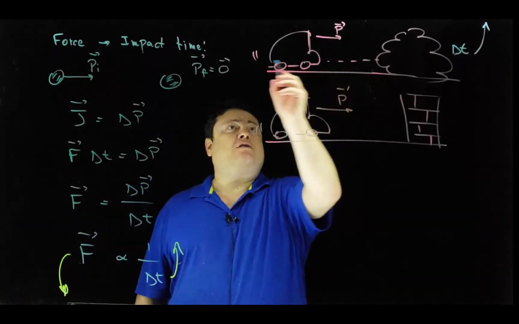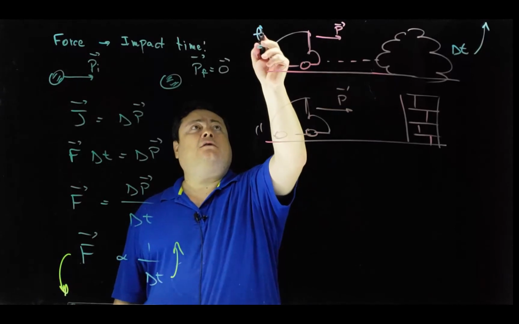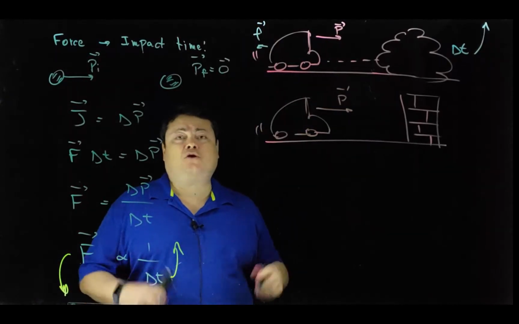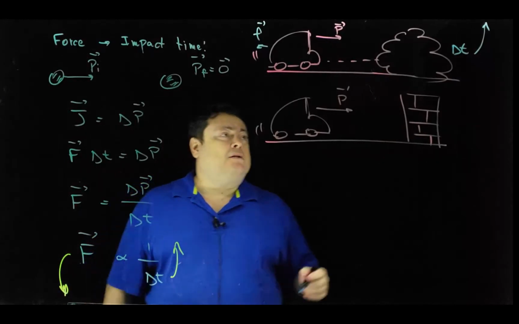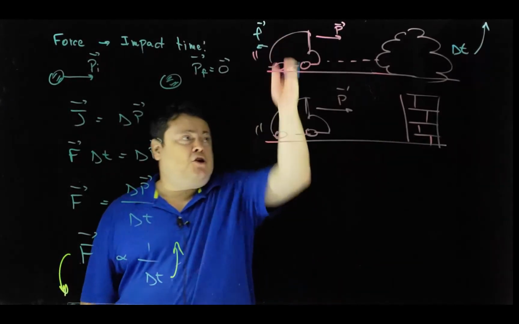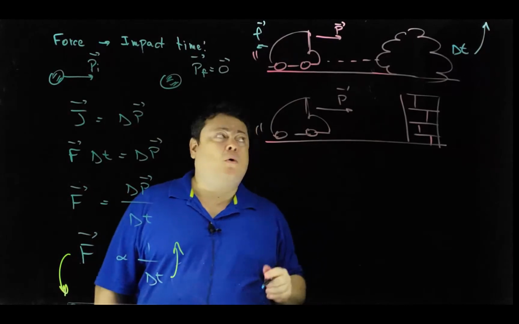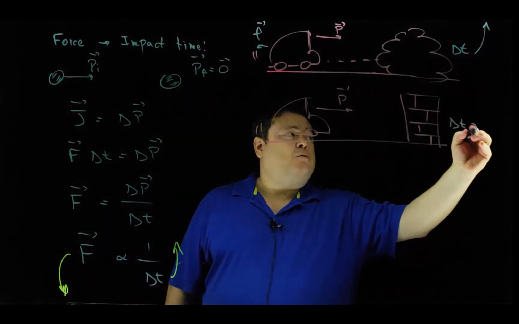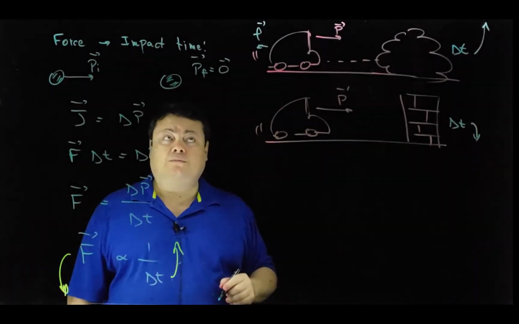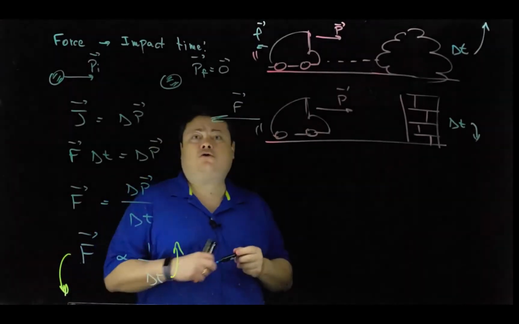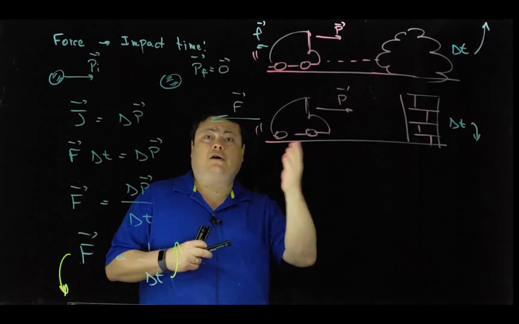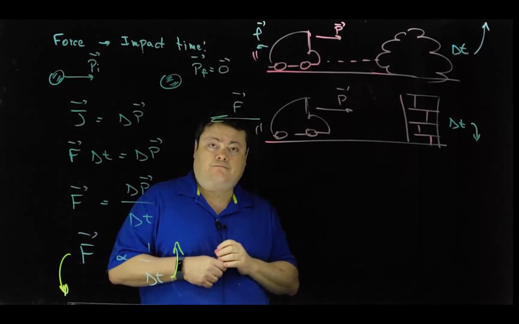Therefore, the force acting on the car is going to be small, and the car is not that much damaged. But when the same car with the same initial momentum hits a brick wall, the time to make the car stop is going to be relatively small. That means that now I need a huge force to stop that car, and with this, the car is going to be more damaged.